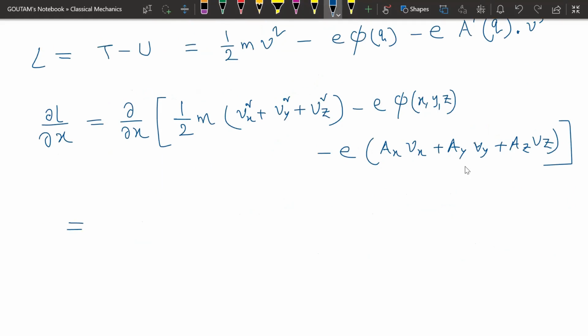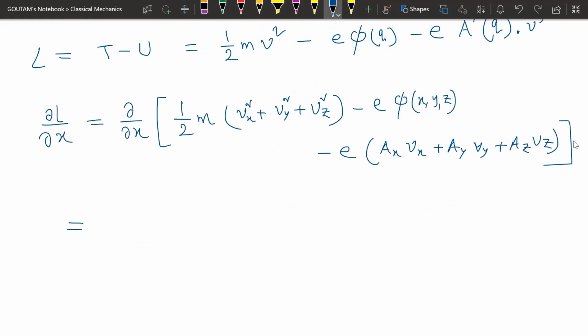If we take the derivative with respect to x, there will be no coordinate dependent term in this expression. So x dot, y dot, z dot are velocities, independent of x, y, z.